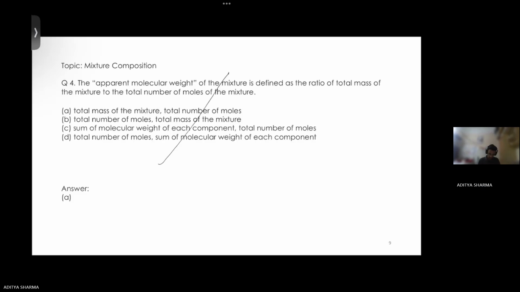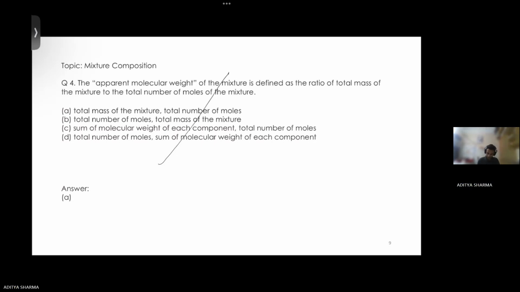Okay, so we have the next question. Basically, this question was on apparent molecular weight, where I had to give the fill in the blanks, but then I somehow didn't give the fill in the blank.